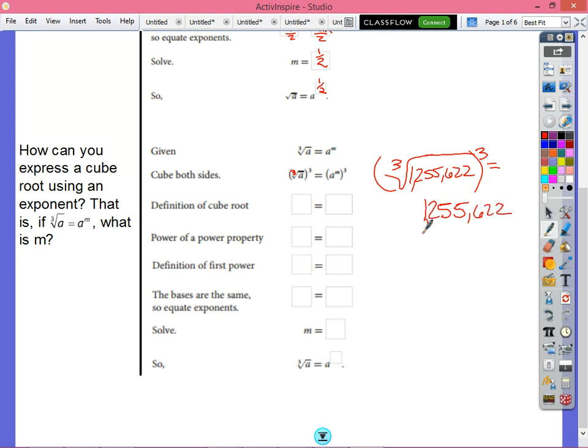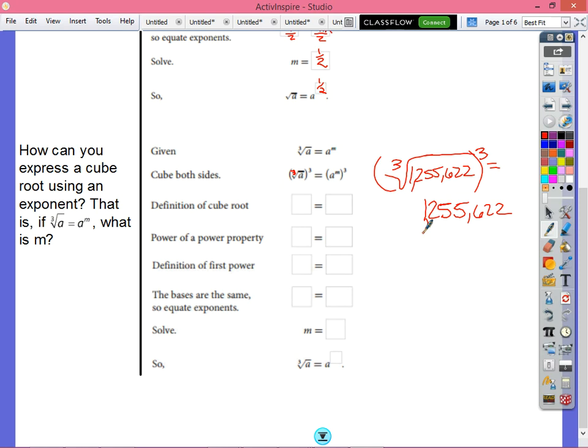Okay, cube and cube roots, they cancel each other out. They undo each other. Whatever the cube did, the cube root's going to undo, or vice versa. Whatever the cube root did, a cube would undo. So they're inverse operations. They undo each other.